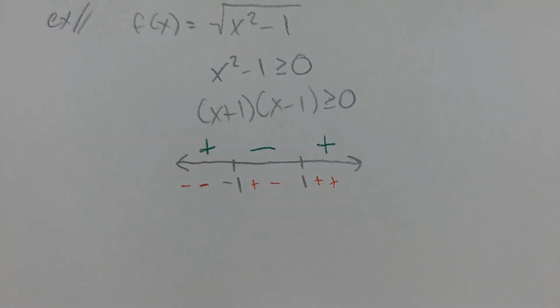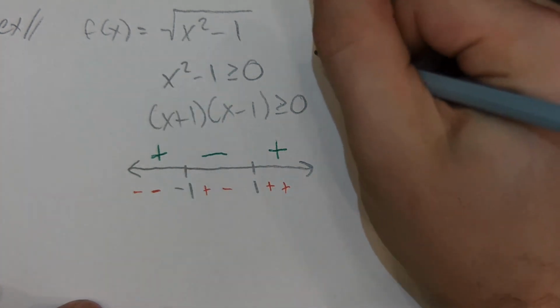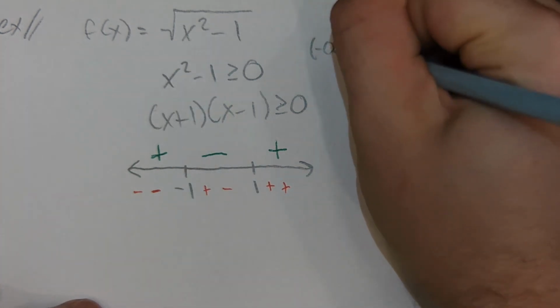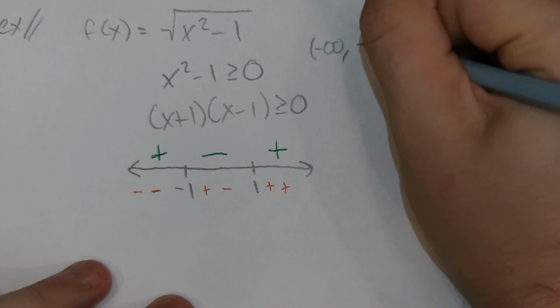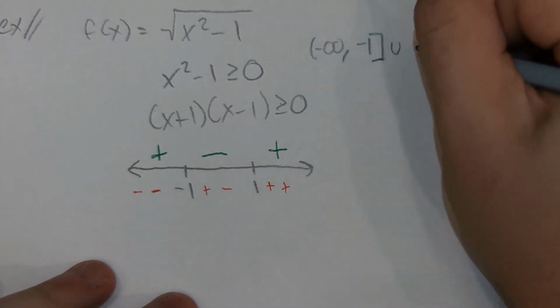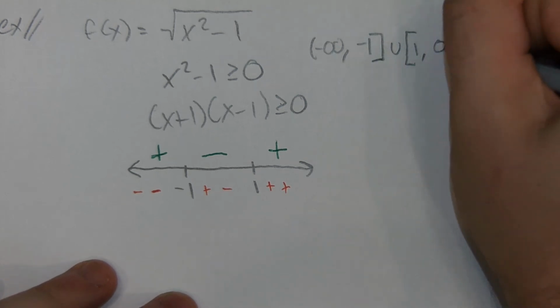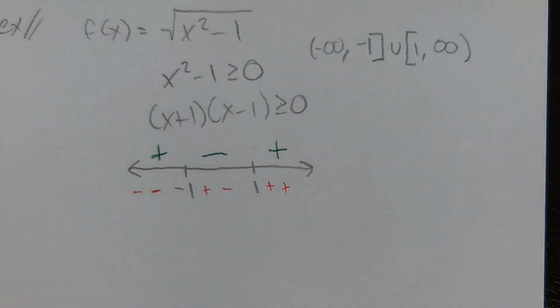So this thing's domain is negative infinity up to and including negative 1, union, beginning at positive 1, including to infinity. There it is.